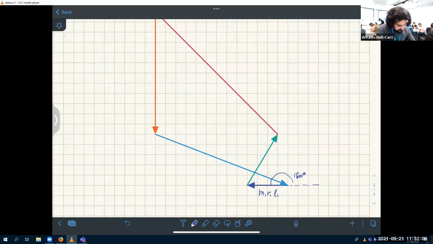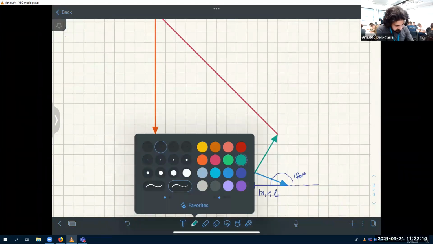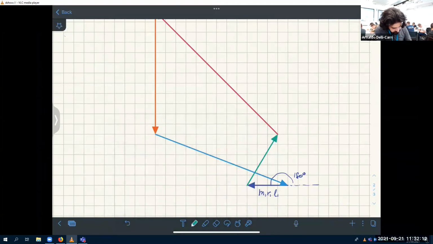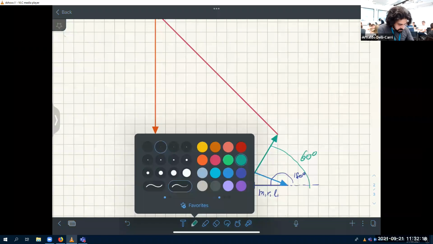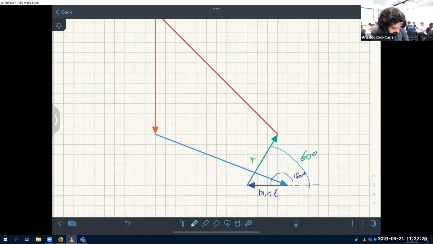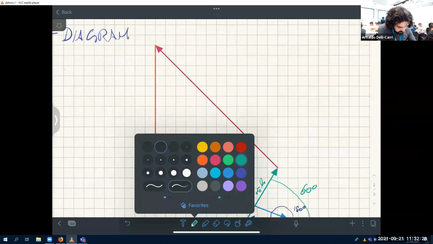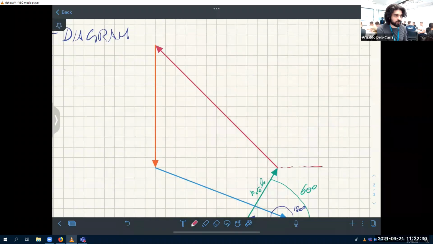This is 60 degrees. And this is M2, R2, L2. This is, guys, as you can see, it's always from the horizontal.